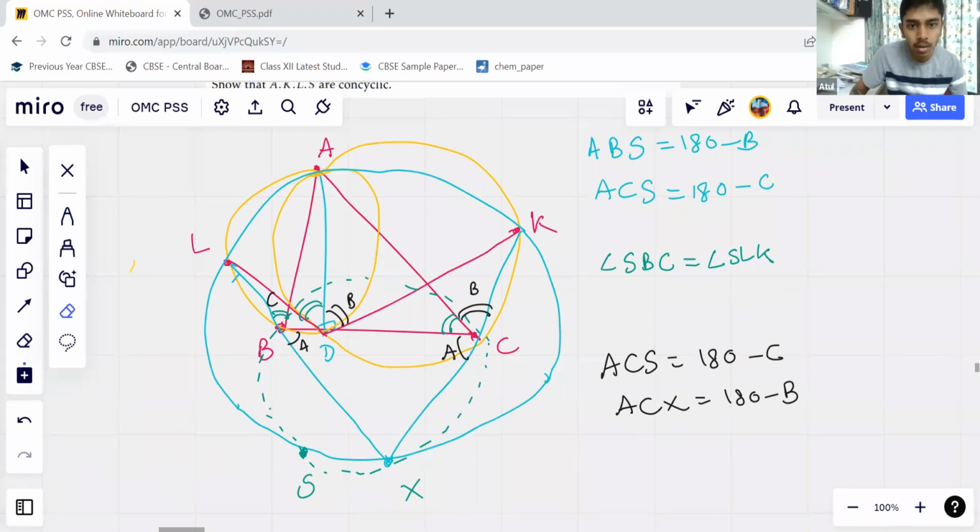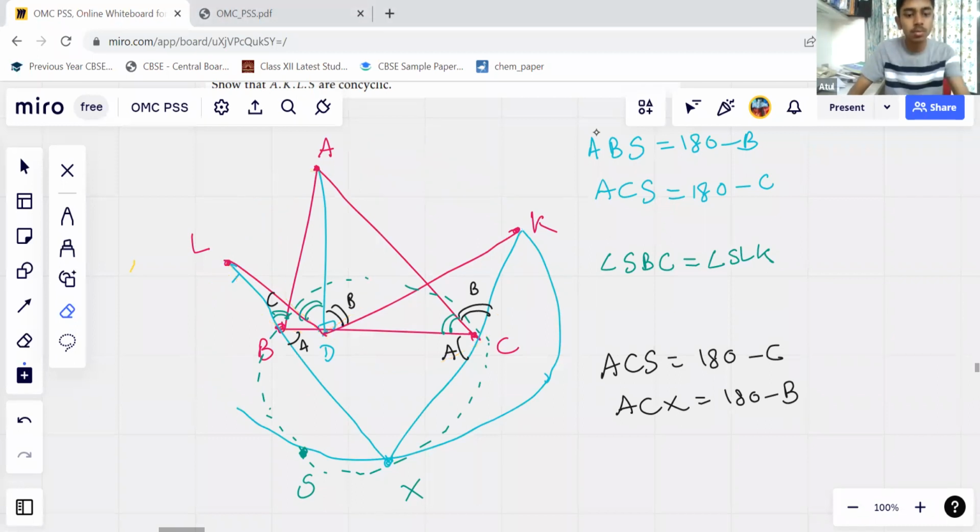Okay, S shouldn't even be here probably. Also, XA is the diameter of the circle.